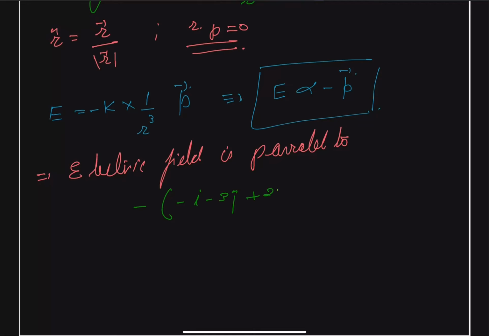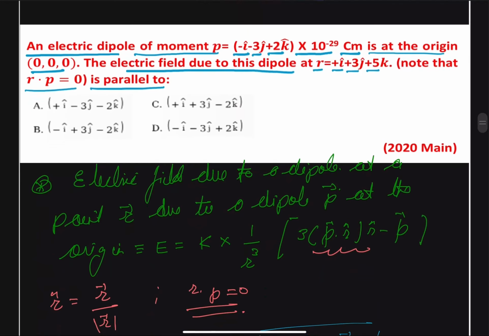So this comes as i plus 3j minus 2k. So only option C is correct.